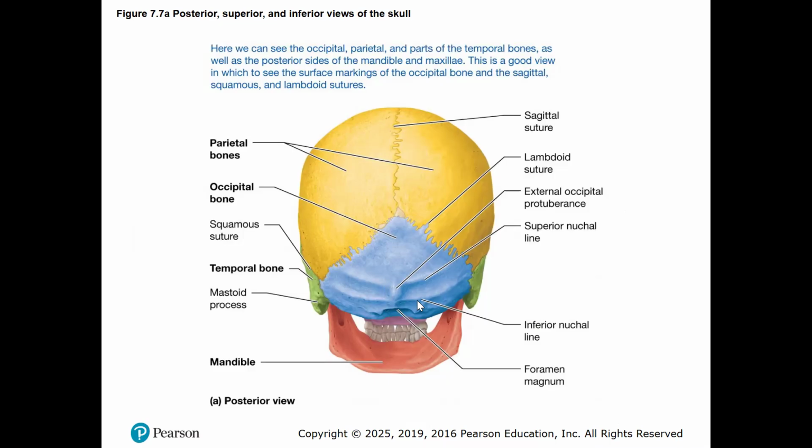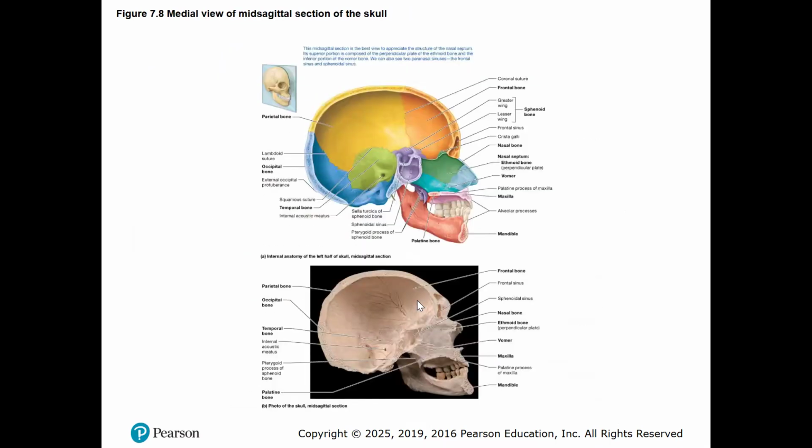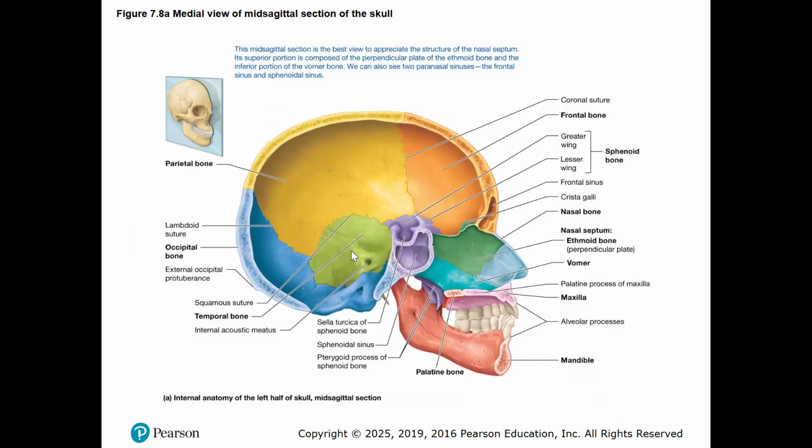Some interesting features. And this lateral, kind of mid-sagittal view introduces us to the sinuses. Sinuses are simply these hollowed areas within the skull that serve multiple purposes to aid in pressure control, help to moisten air, and some other aspects.